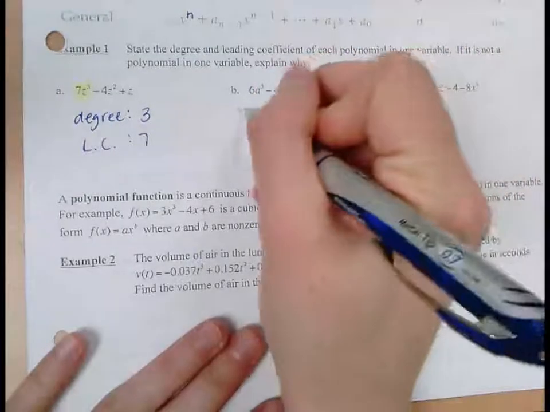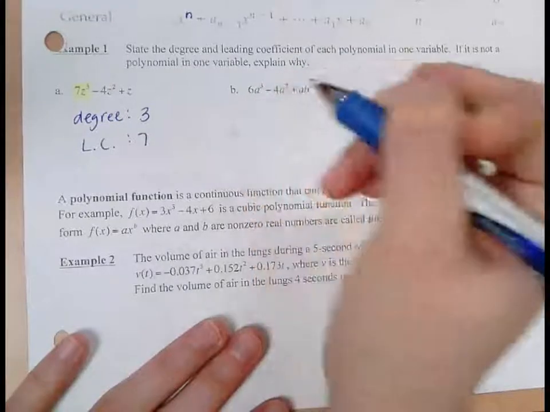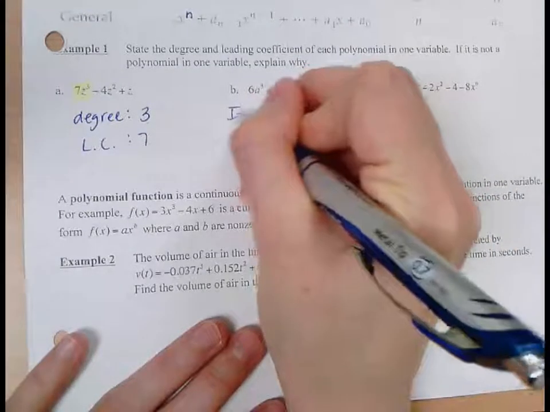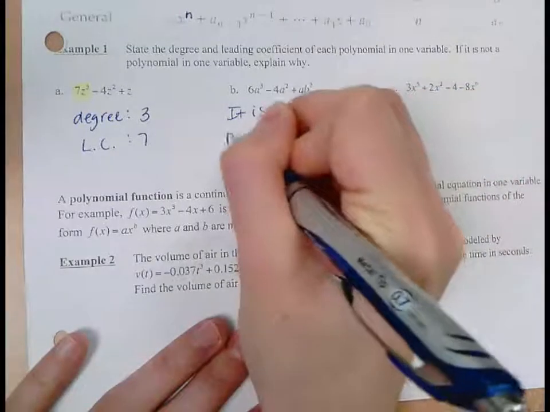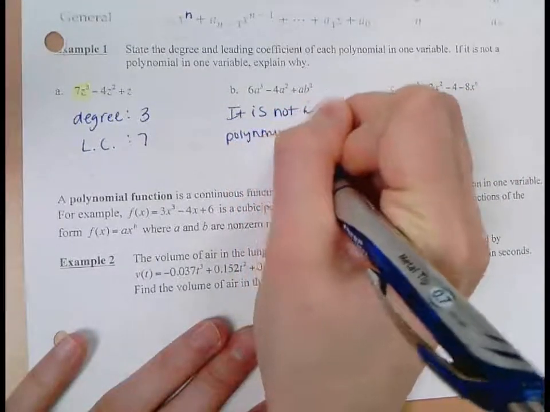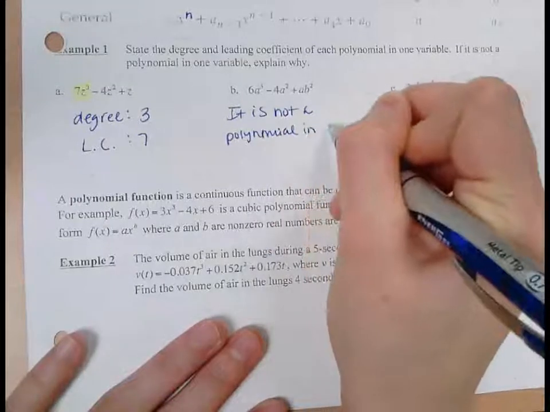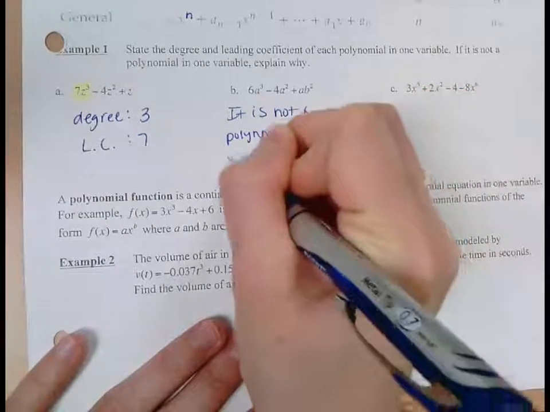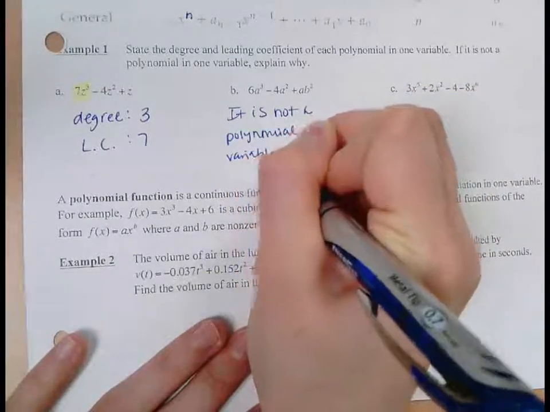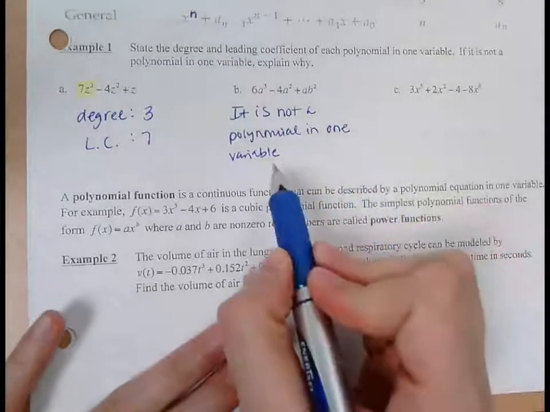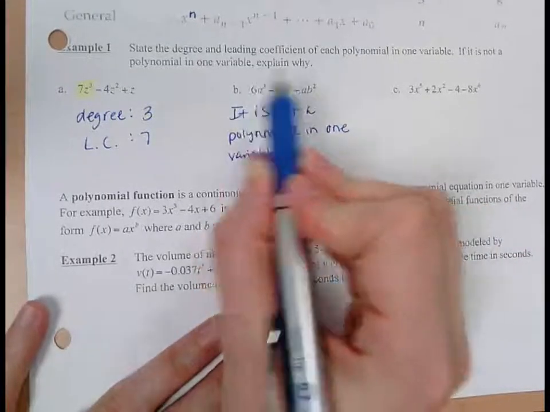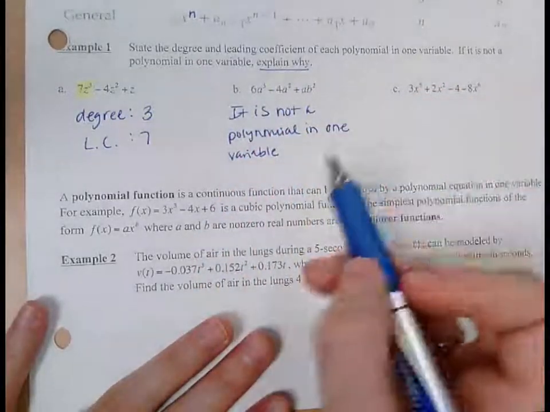So all we would say for this one is it is not a polynomial in one variable. And it might seem silly to explain why, because the explanation is there's more than one variable, but I'll say, because it does ask you to explain why in the directions.